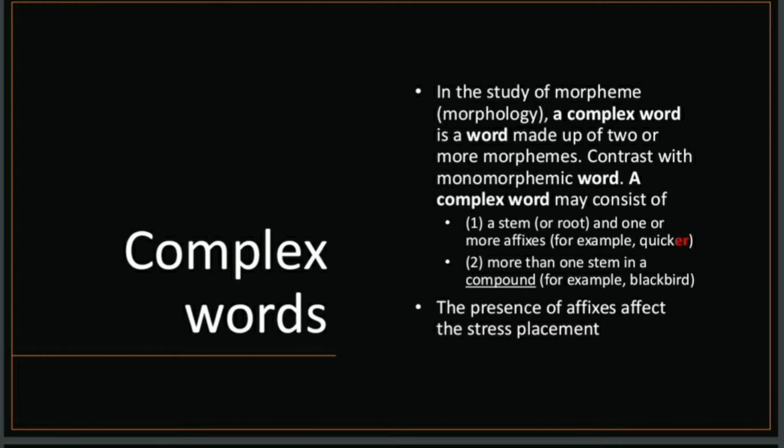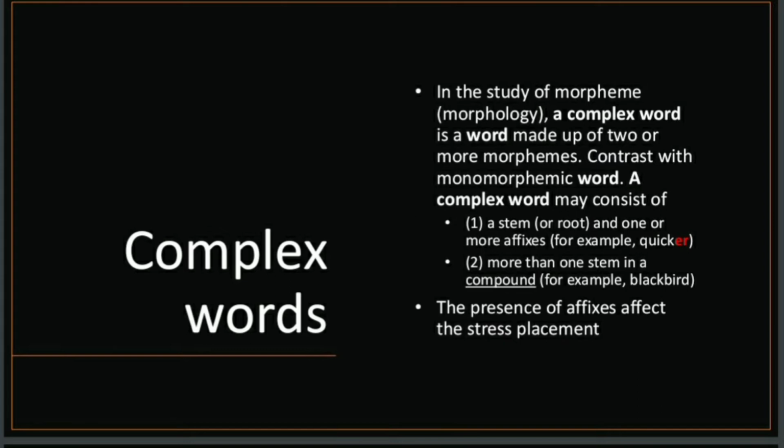In English grammar and morphology, a complex word is a word made up of two or more morphemes, in contrast with monomorphemic words. A complex word may consist of one stem, or a base, or a root, and one or more affixes, for example in the word quicker.